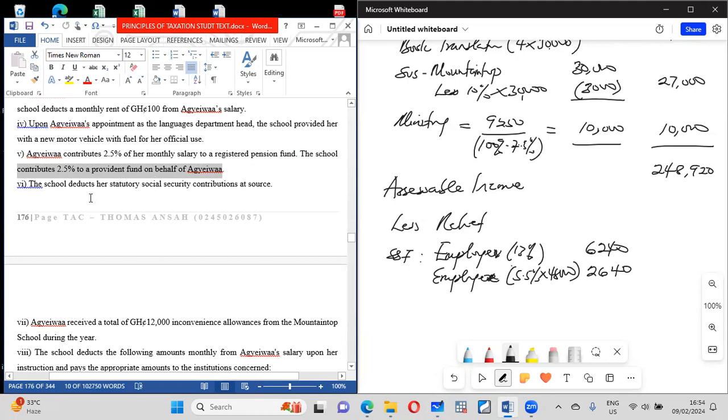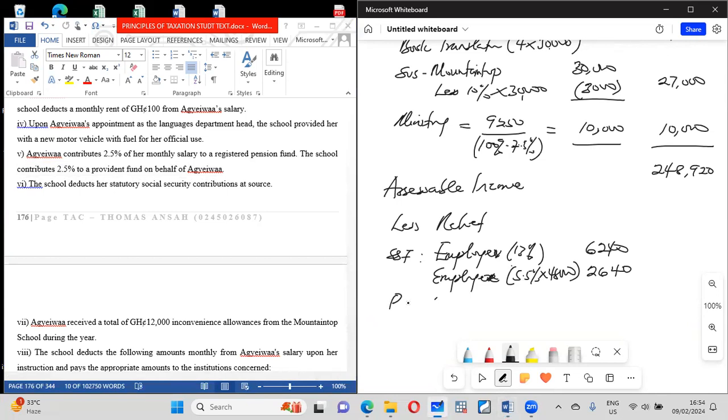So here she is paying. If it is done on her behalf, let's say the school is doing it free of charge for her, then what we are going to do is bring in her Provident Fund.